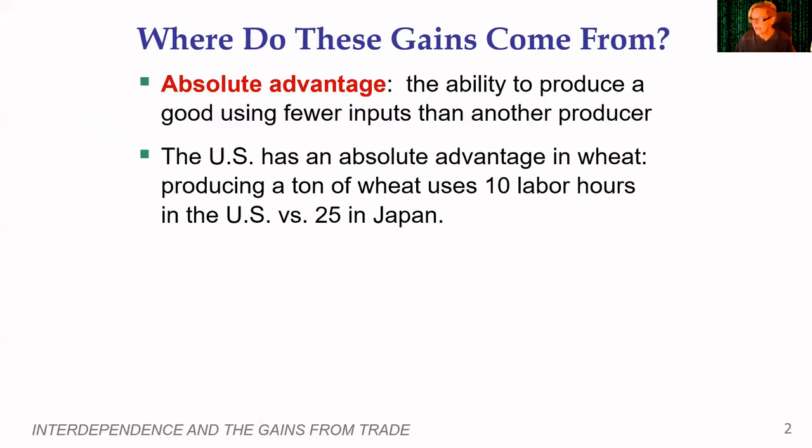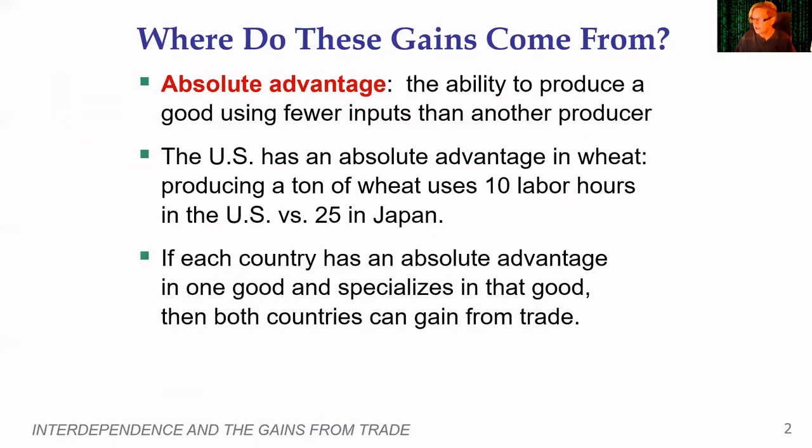And if a country has an absolute advantage in one good and specializes in that good, then both countries can gain from trade. We're going to see that a little bit more, but I just want you to really understand that absolute has nothing to do with trade for our purposes.